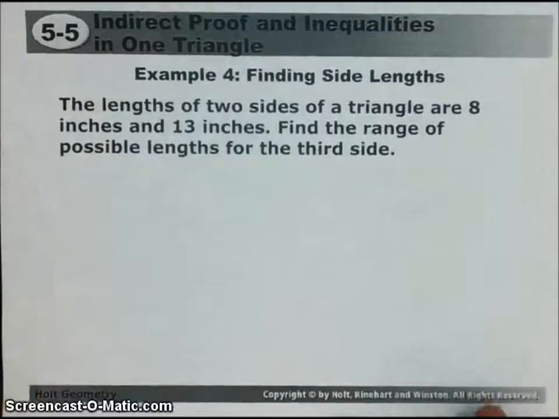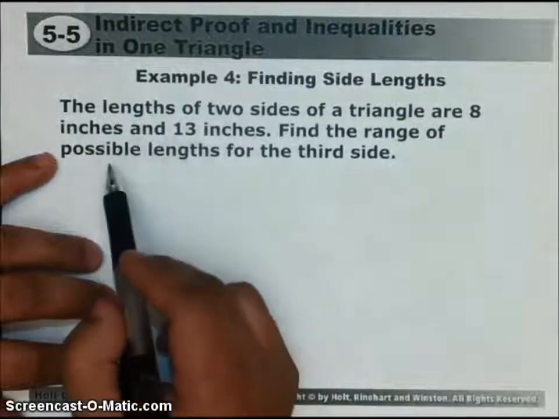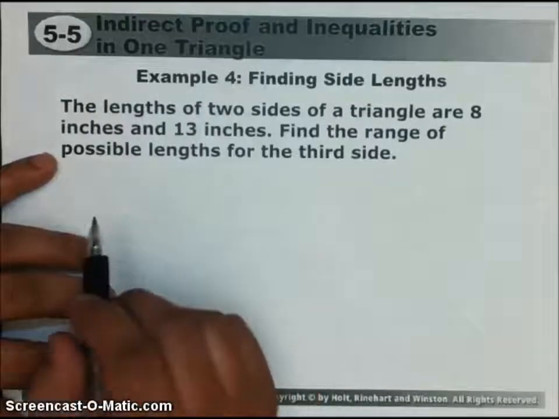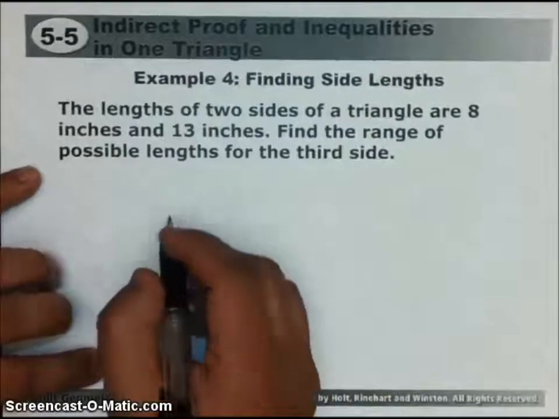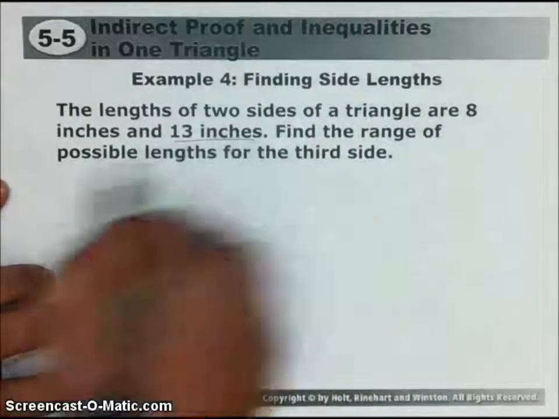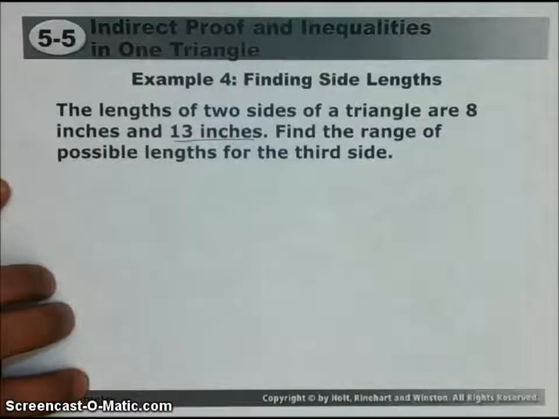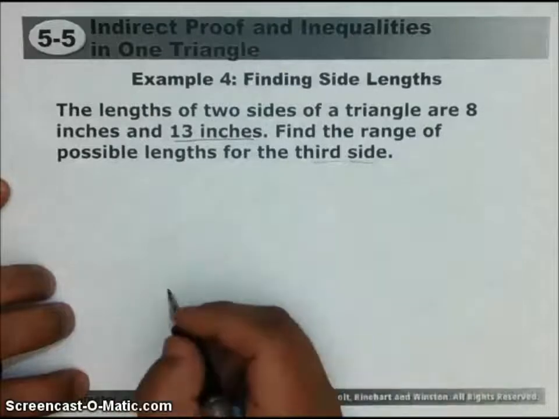All right, and the last example for the day. Two sides of a triangle are 8 inches and 13 inches. Find the range of possible lengths for the third side. So there's two possibilities. First possibility is that 13 is the bigger side. And then the second possibility is that the third side is going to be the longest side.